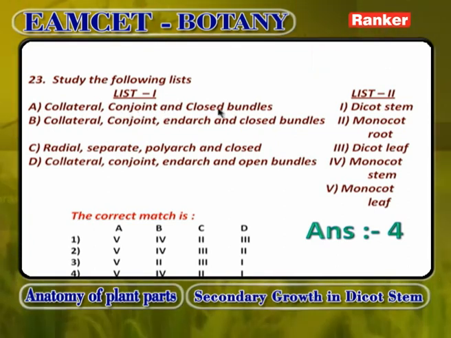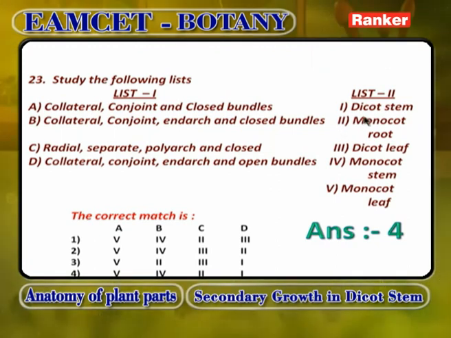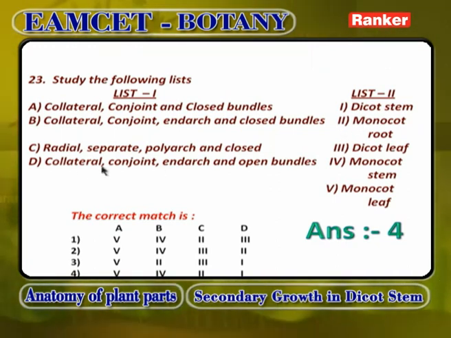Collateral conjoint endarch closed vascular bundles are found in the monocot stem, B4. Radial separate polyarch vascular bundles are found in the monocot root, so second option. Collateral conjoint endarch and open vascular bundles are found in the dicot stem.